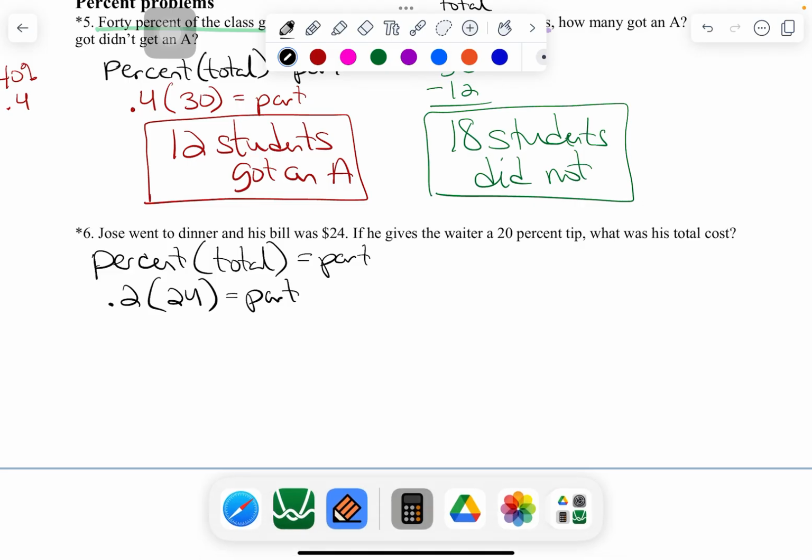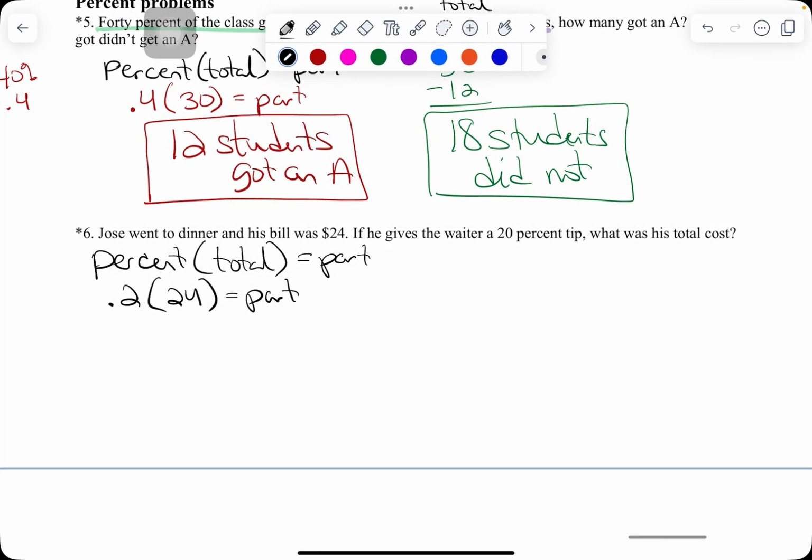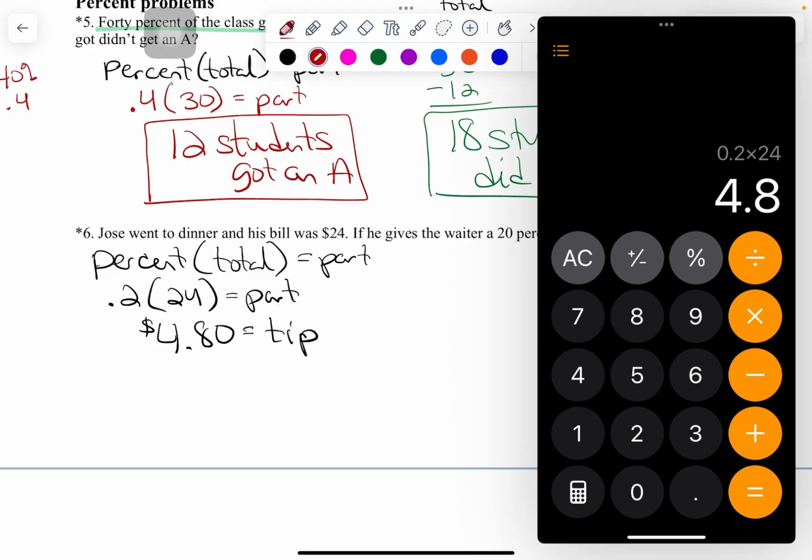Now let's see if I can grab that calculator again. All right, calculator. So 0.2, so 20% of 24 would make a tip of $4.80. Okay, so this is going to equal his tip. Now, that does not mean that's your total bill, all right? If Jose only put $4.80 on the table, he would get in trouble because you've got to pay the bill.